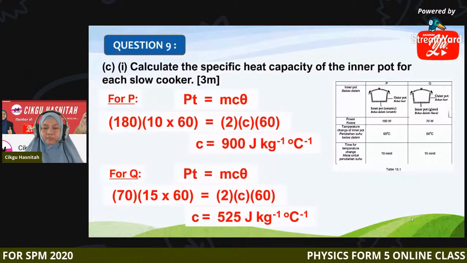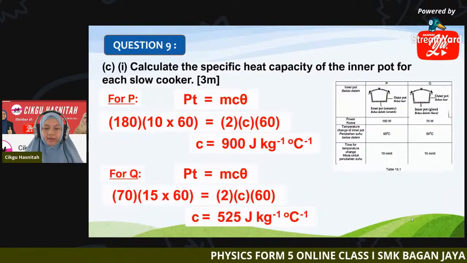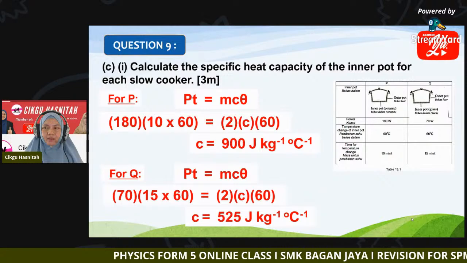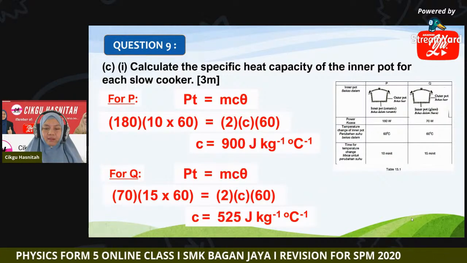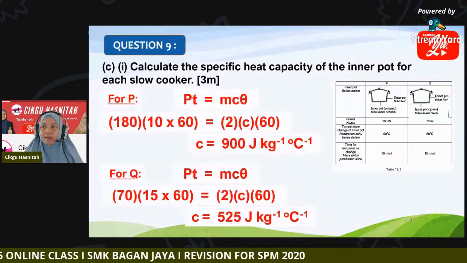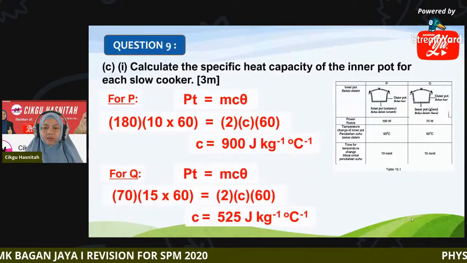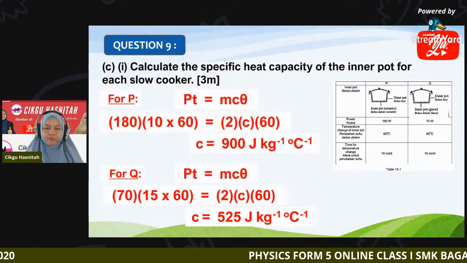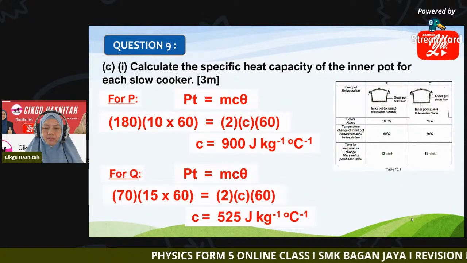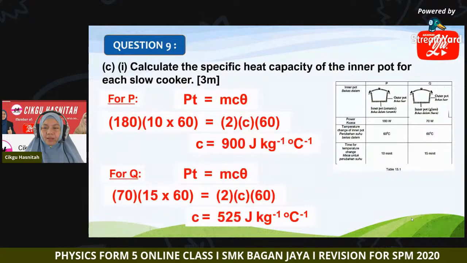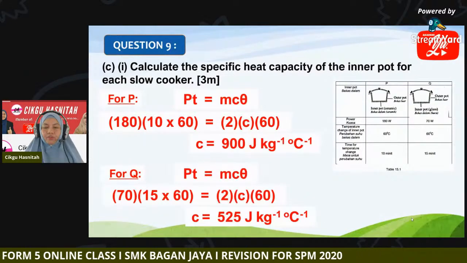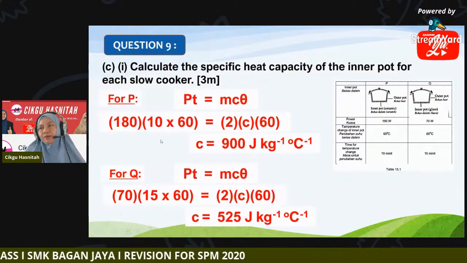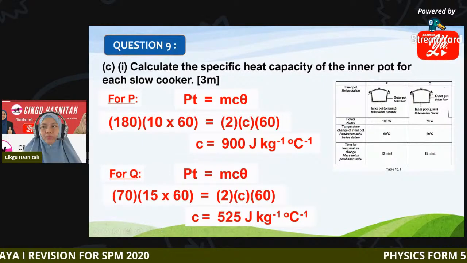Okay, let's check for sure. 180 times 10 times 60 divide by 120. Yes, the first one is 900. And then second we have 70 times 15 times 60 divide by 120. So 525. Okay, so this is how we determine C for both. Are you clear, class?